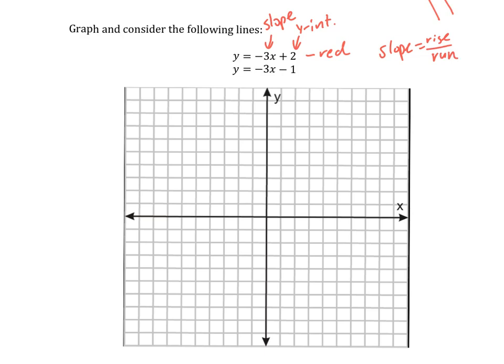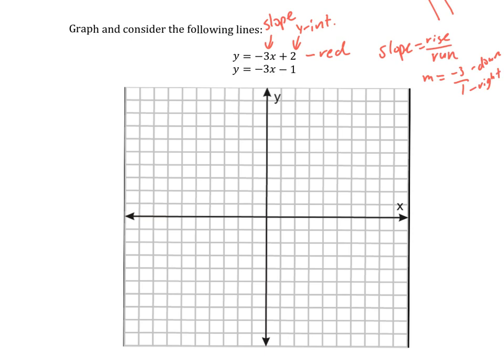So in this case, our slope m is going to equal negative 3 over 1. Technically, we're going to go down in this case because it's a negative. We're going to go down 3 and then to the right 1.